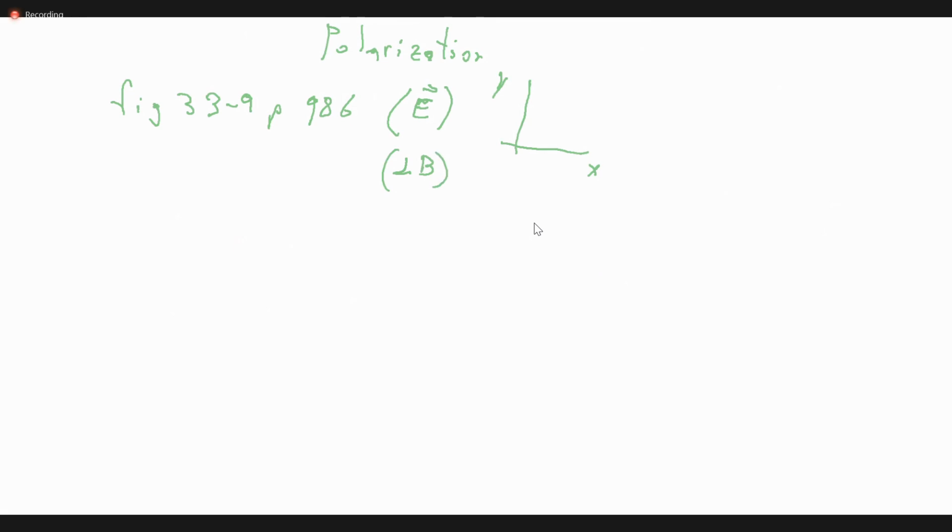So if you draw just one cycle of oscillation like this, the electric field is going to be this vector. I didn't mean to make these different amplitudes, they're the same. So this is the direction of wave travel, the direction of the Poynting vector S.